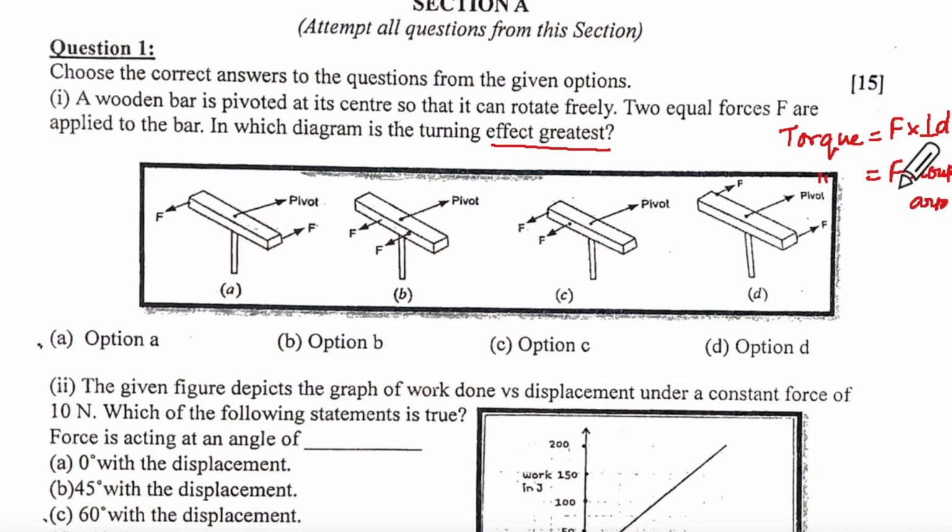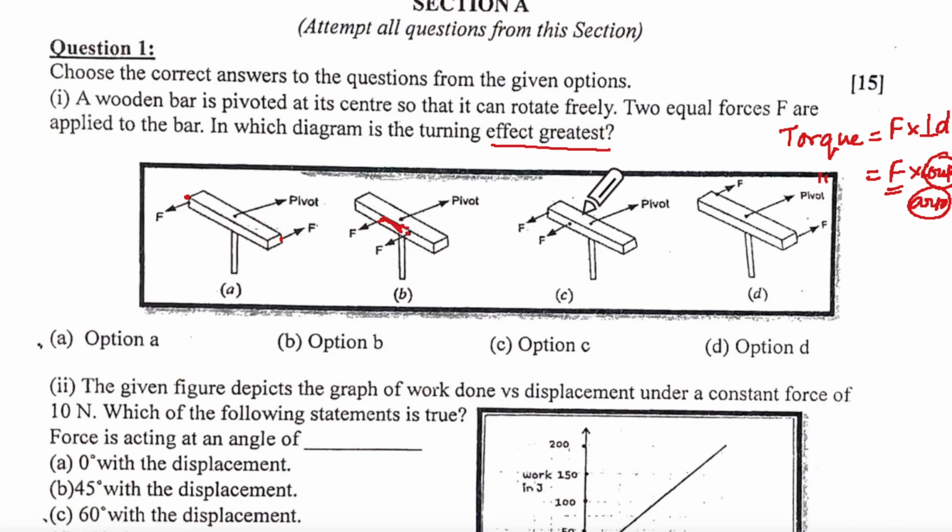So the force is the same, so you have to see which couple arm is the maximum. Maximum means from this end to this end. Can you see over here? This is not from the ends. The couple arm is just this much.